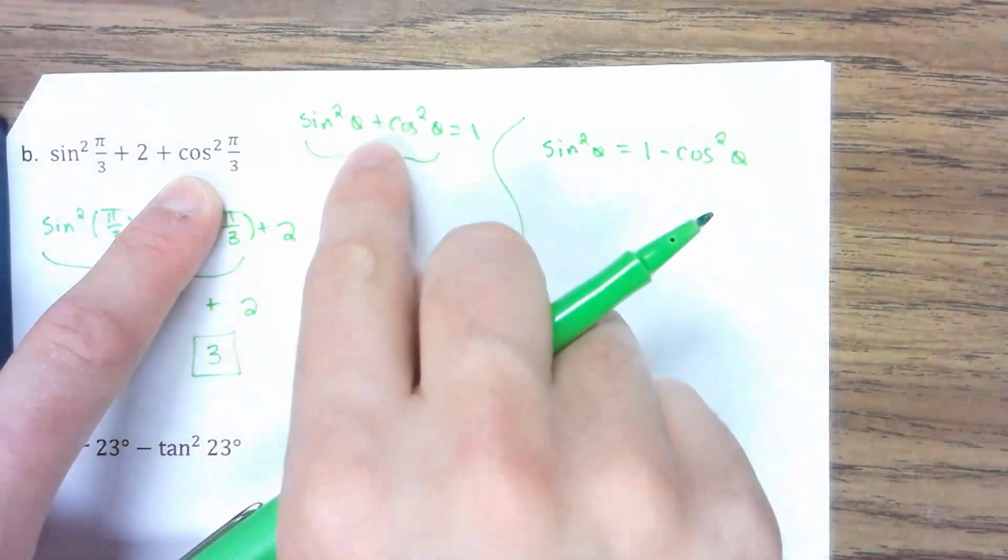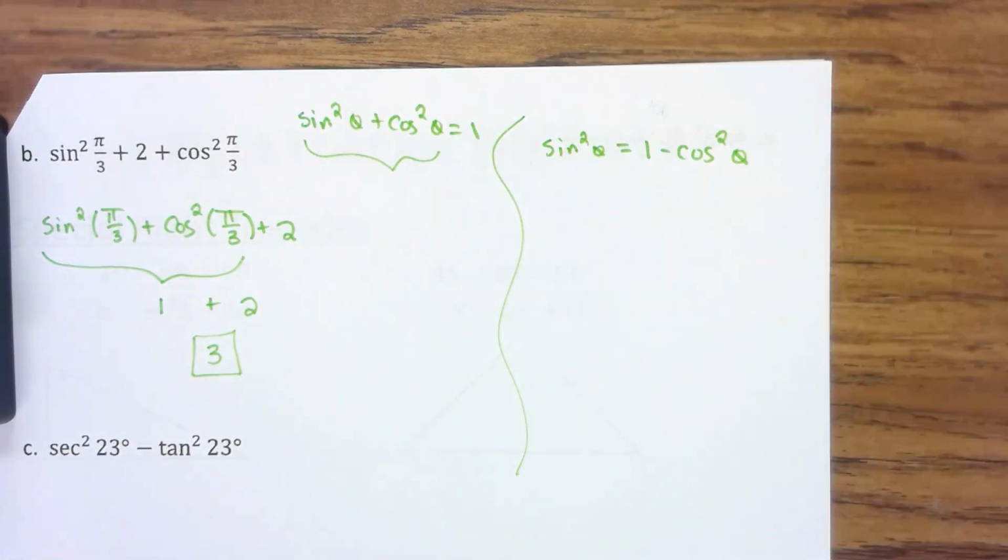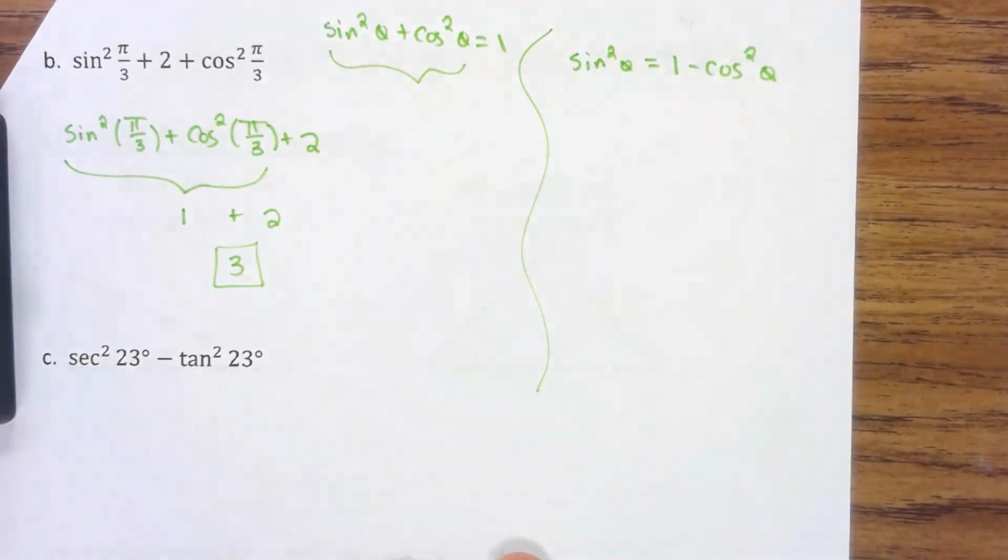So even our original identities can be manipulated or rearranged to then be used with all these kinds of identity problems. And again, it takes practice. Okay, there's not one clear-cut way of finding all these values.